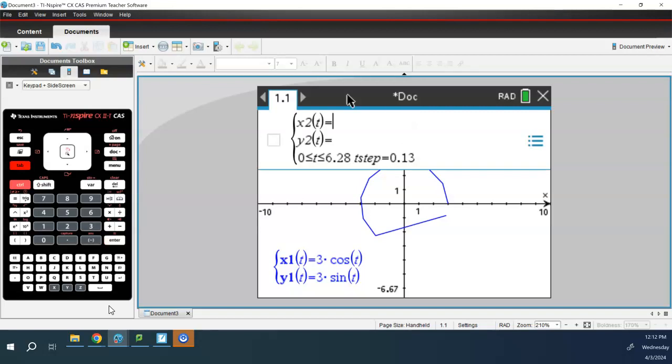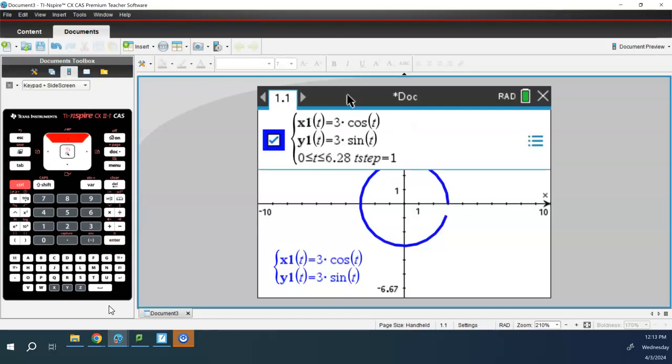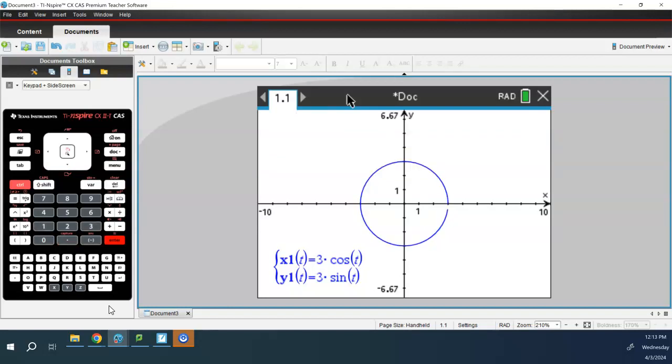The smaller that t-step becomes, the more often that it calculates. That's why we always go with pi over 24, because it's kind of the default one. It makes a nice, smooth curve. Okay? Good times.